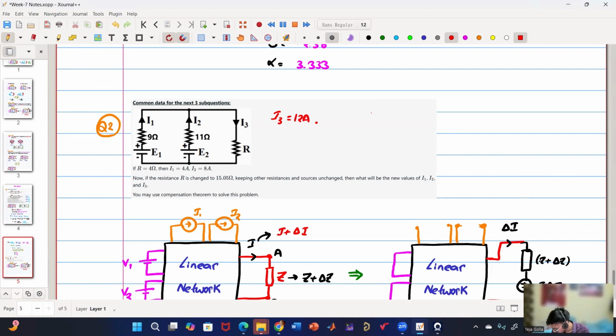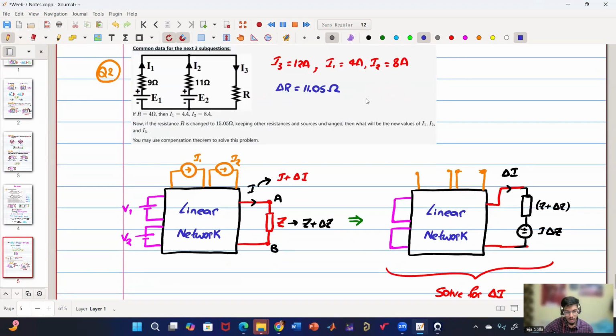Similarly, whatever they have given, I1 is 4 ampere, I2 is 8 ampere. Now, what is delta R value? 11.05. Yes, 11.05. Very good.